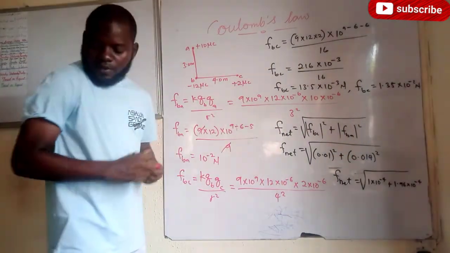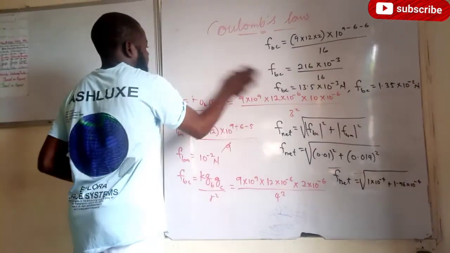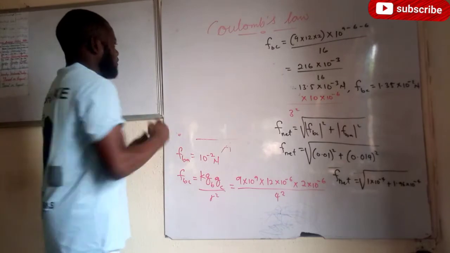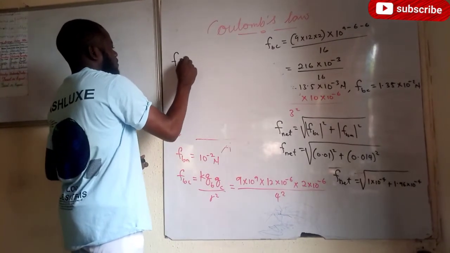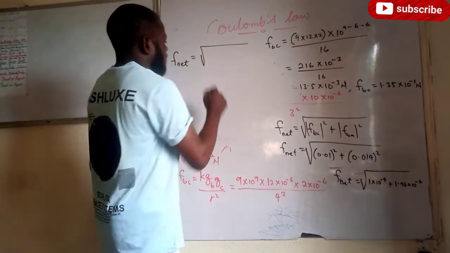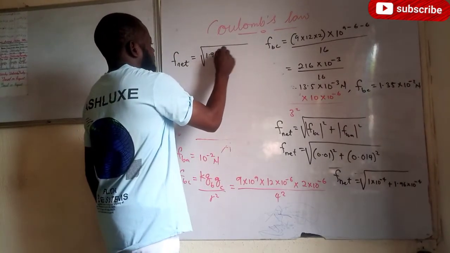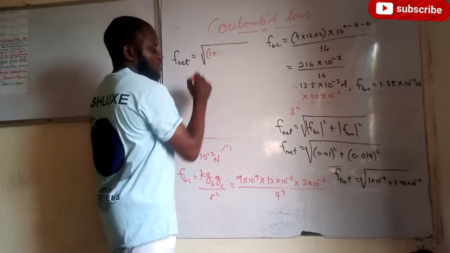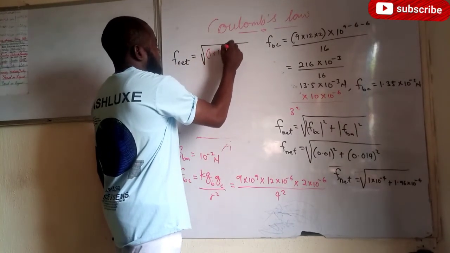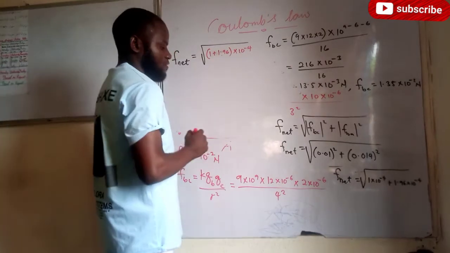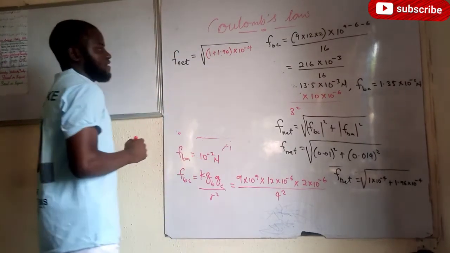Okay, so permit me to create space here. So the net force is just going to be the square root of 1 plus 1.96 multiplied by 10 to the power of minus 4. Do we get this now?